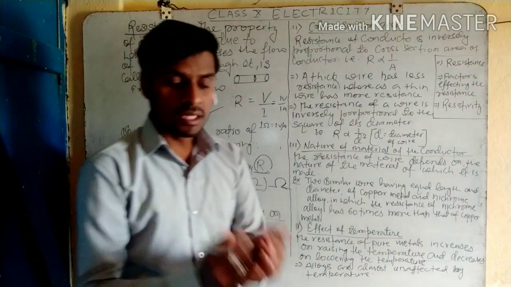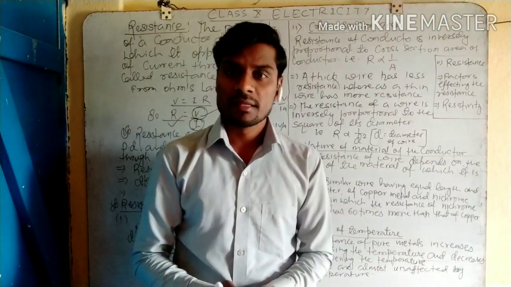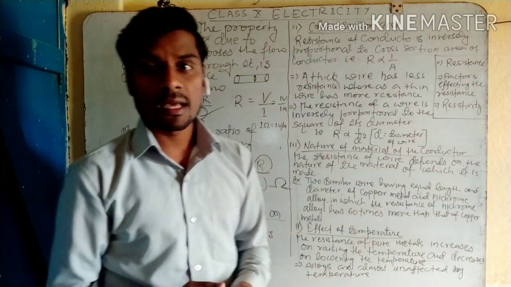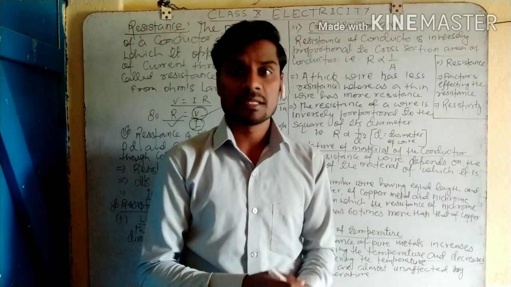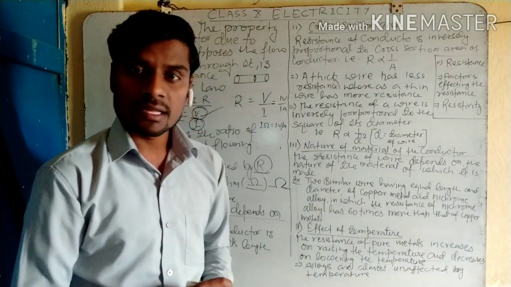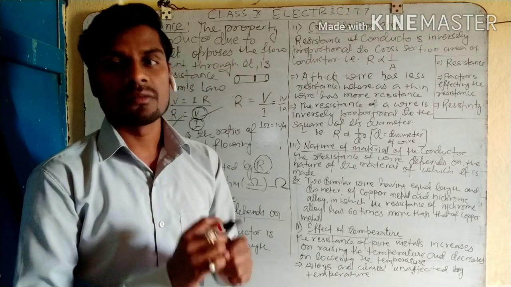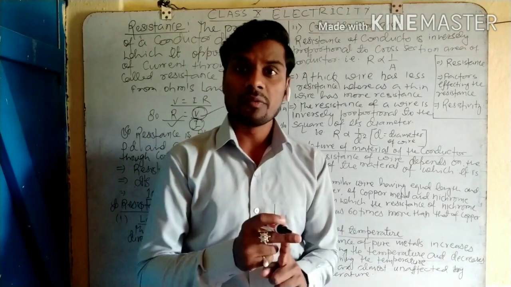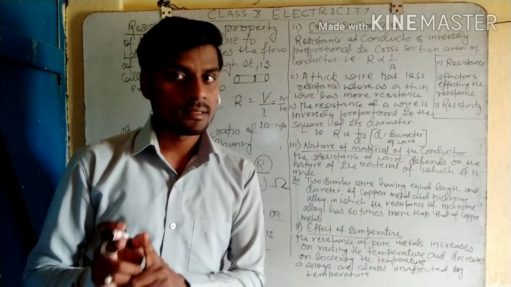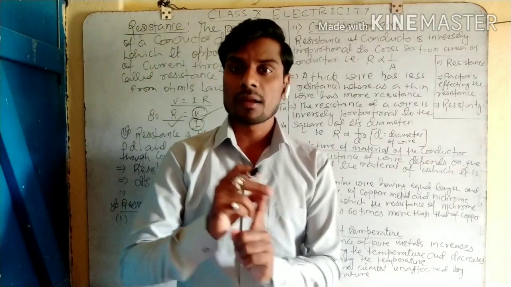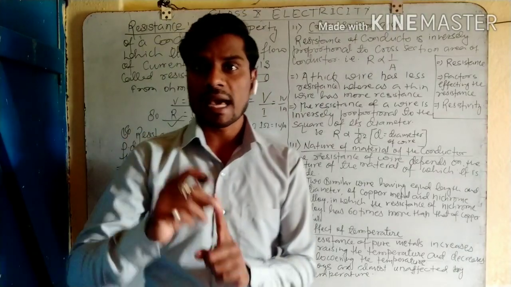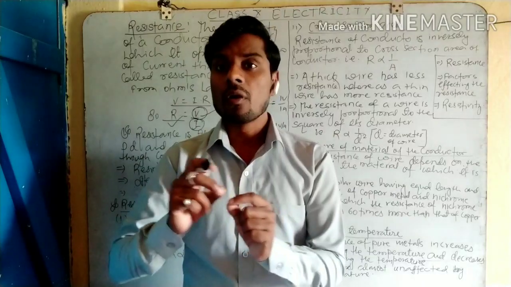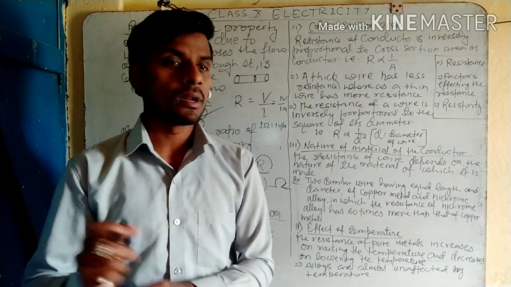That means a thick wire has more area, so it has less resistance, and a thin wire has less area, so it has more resistance. A thick wire of short length has less resistance, whereas a thin wire of long length has more resistance.